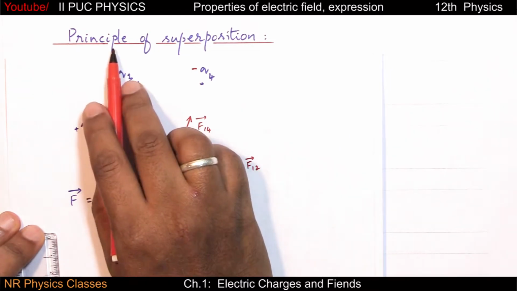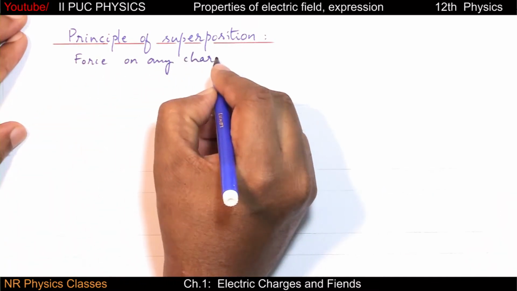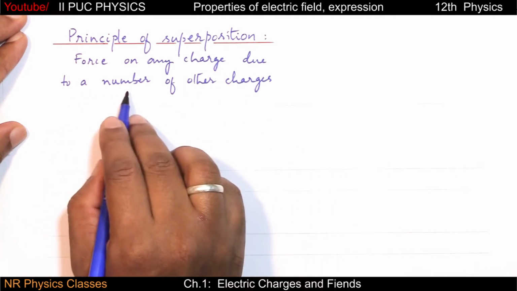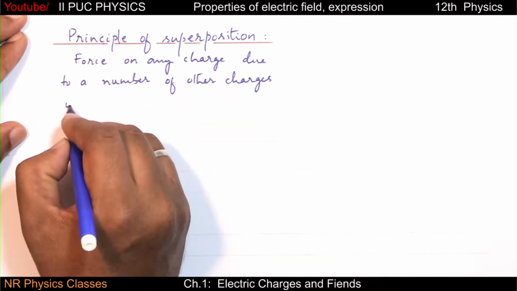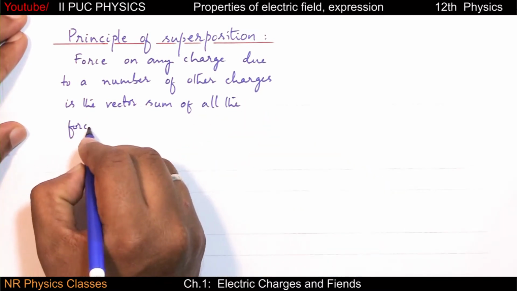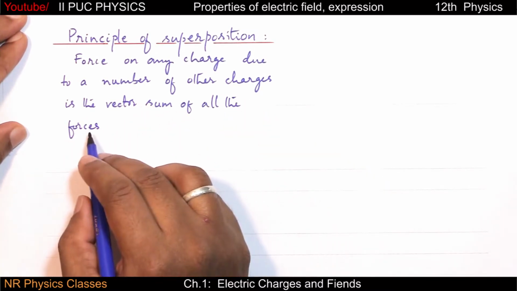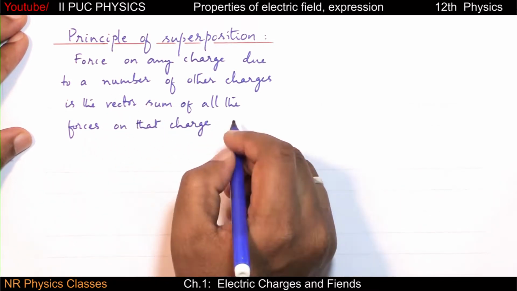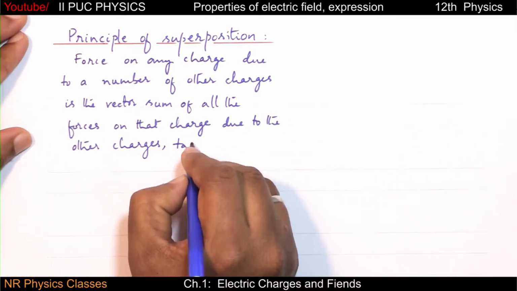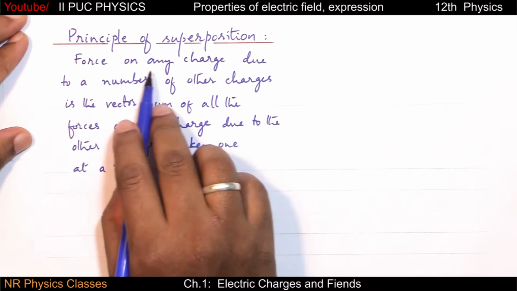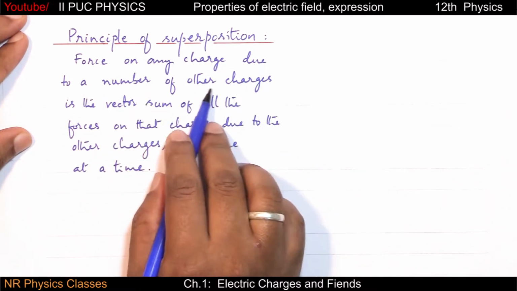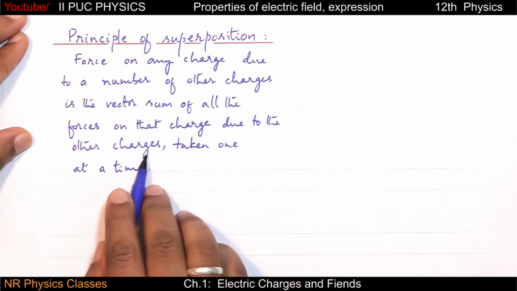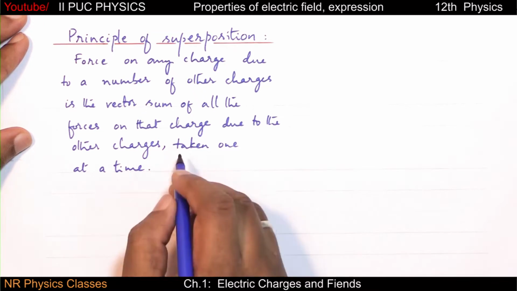So that's how we can use the principle of superposition. Force on any charge due to a number of other charges is the vector sum of all the forces on that charge due to the other charges taken one at a time.